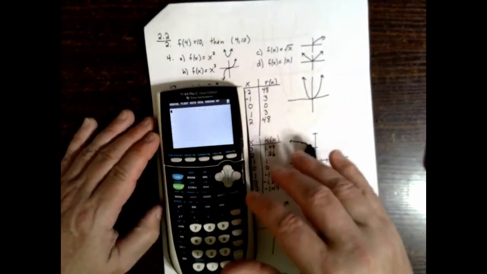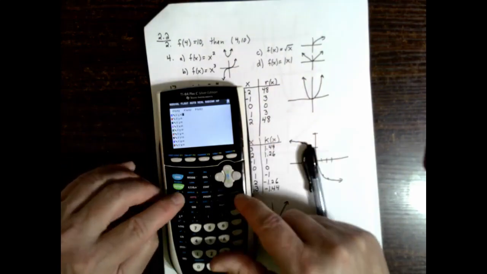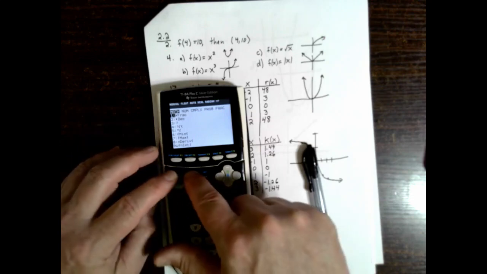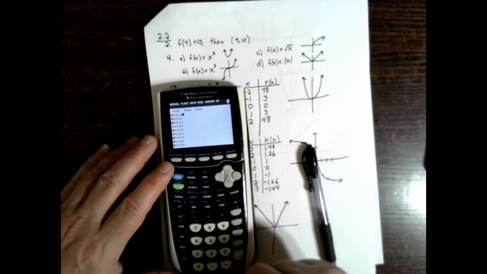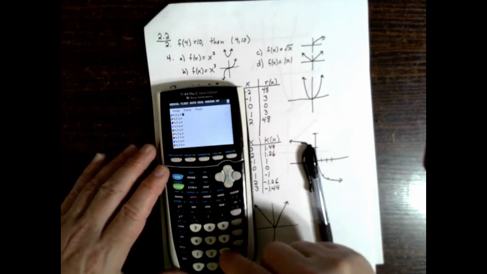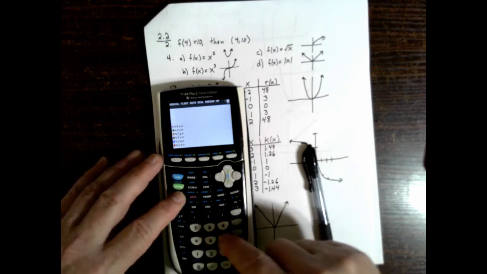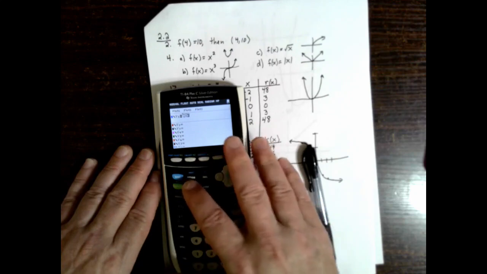Well, you can do any root you want just by hitting math 5, but before you hit math 5, you have to type in the root you want. So if you hit 3, math 5, it's going to give you the third root. And then you type in x.